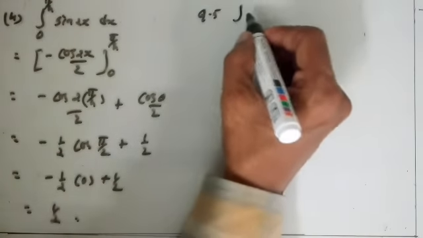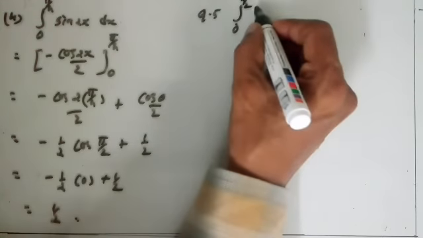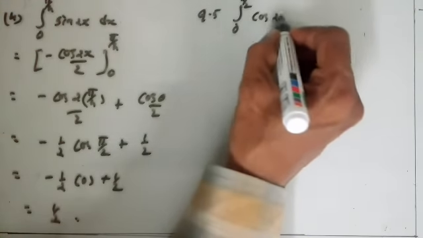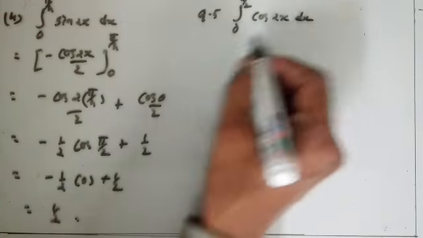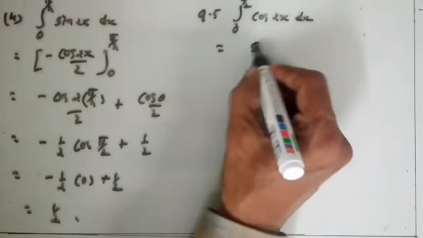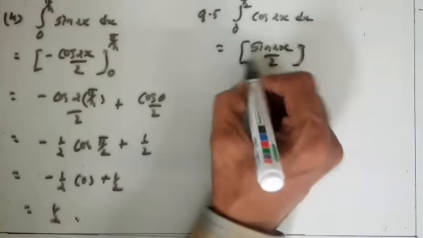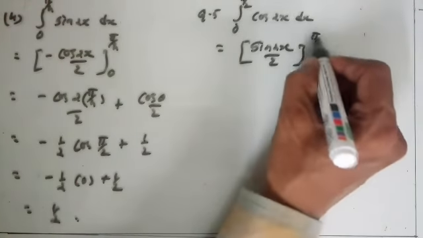Same, question number 5, find 0 to pi by 2 cos 2x dx. Here we know that the integration of cos 2x is sin 2x upon 2, and apply limit 0 to pi by 2.